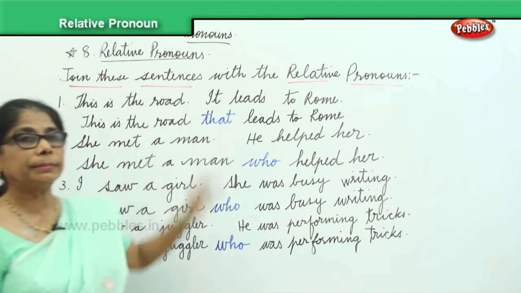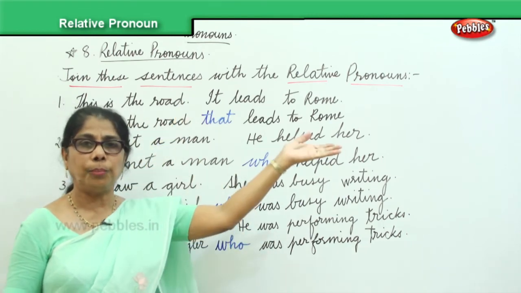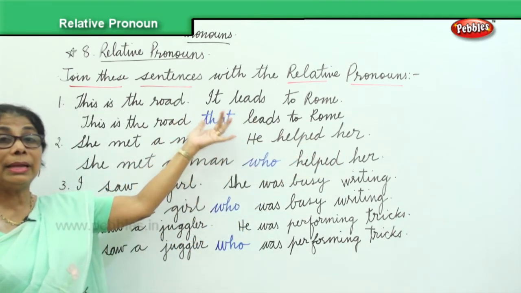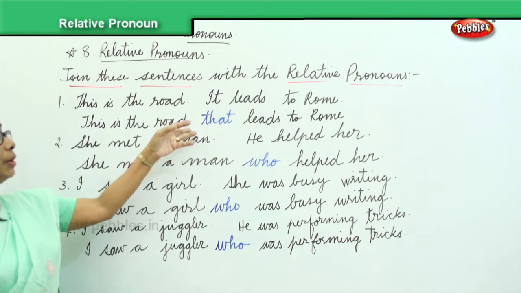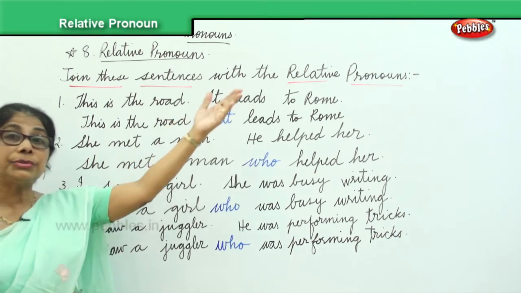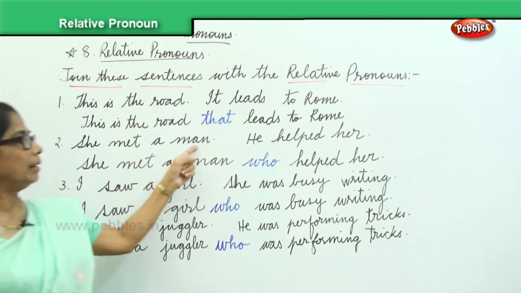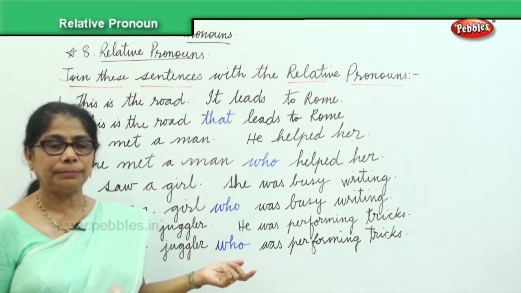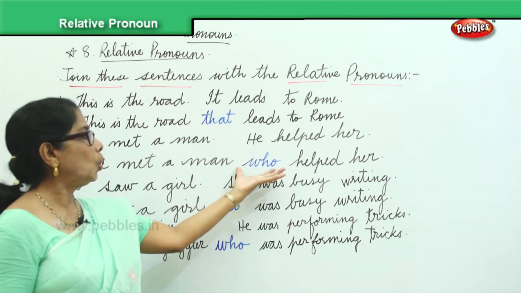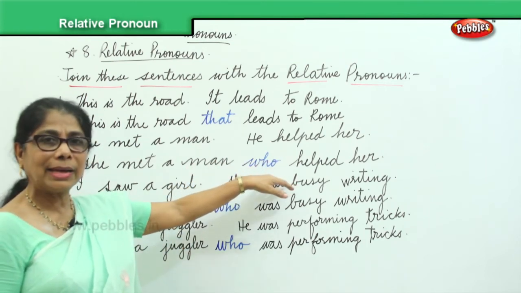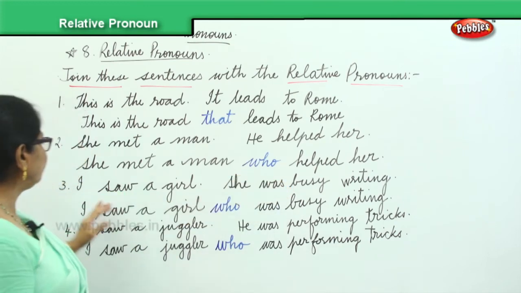This is the road. It leads to Rome. We provided the relative pronoun, that. This is the road that leads to Rome. The second one, she met a man. He helped her. We provided who. She met a man who helped her. I saw a girl.